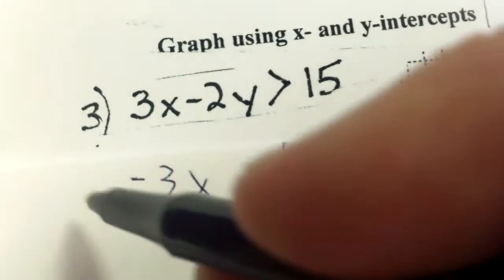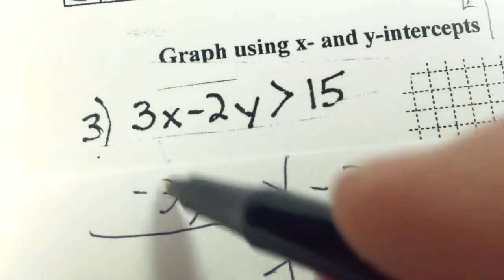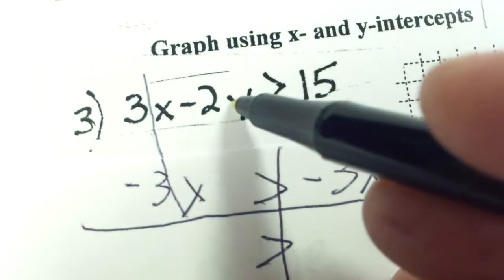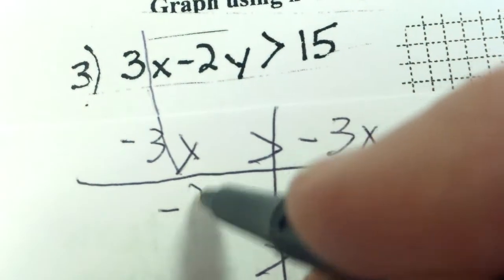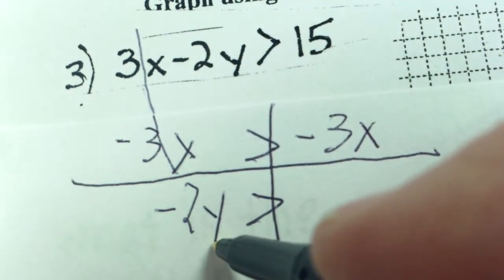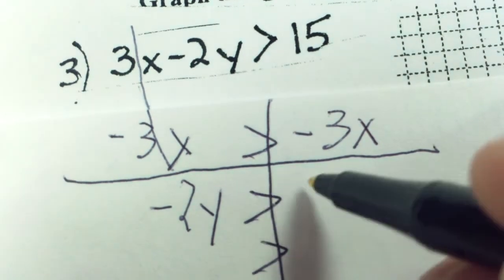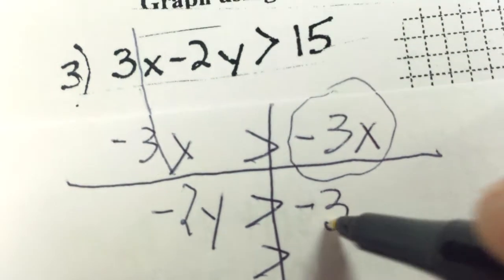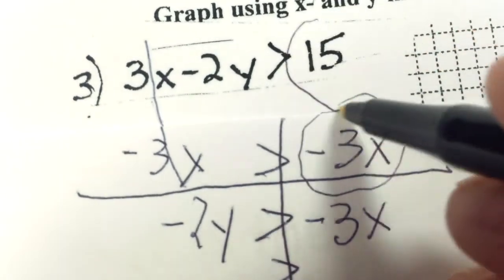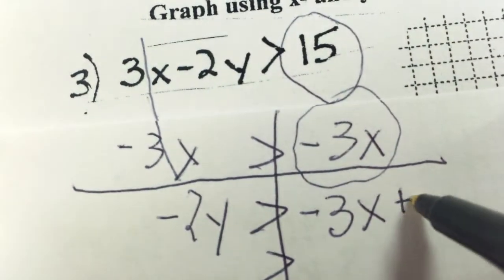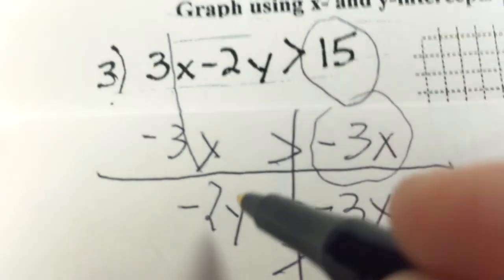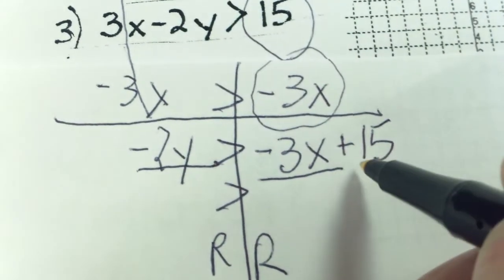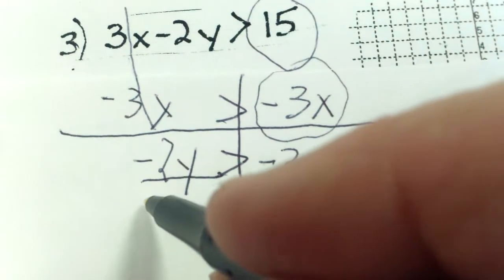These cancel out, and I'm left with negative 2y is greater than, I have two terms over here. I have a negative 3x and I have a positive 15. I need to get y alone, so I'm going to divide every stinking term by negative 2.